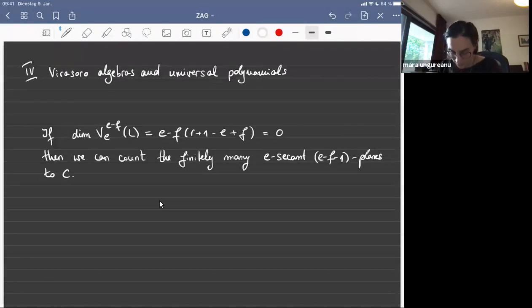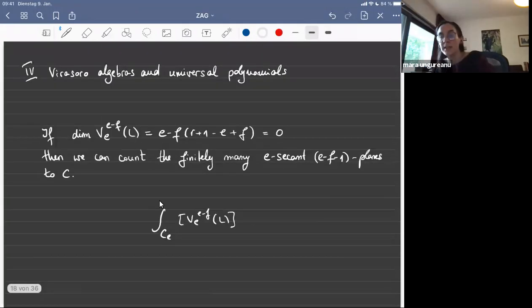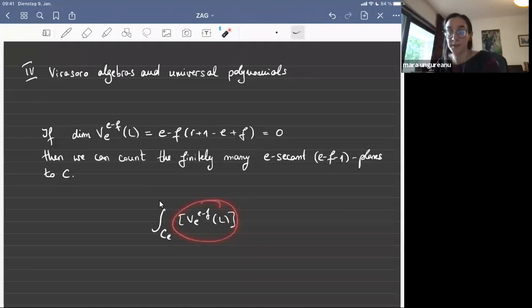I just reminded you what I'm trying to do: if the expected dimension is 0, then we can count. And what you do is you compute an integral, or if you want, the degree of the cohomology class of the space that you are interested in, in this case the secant variety.